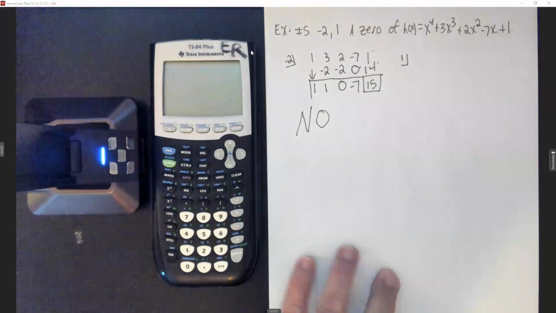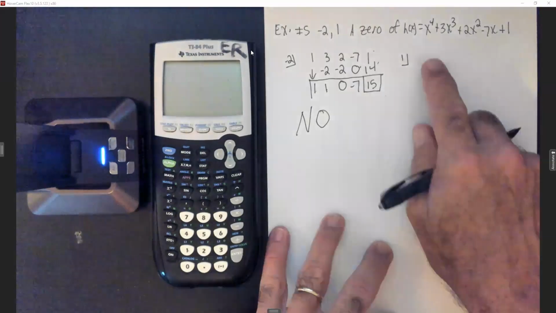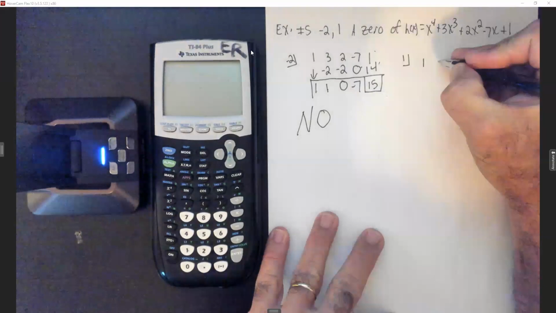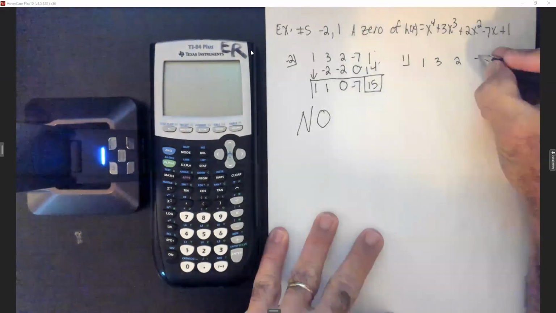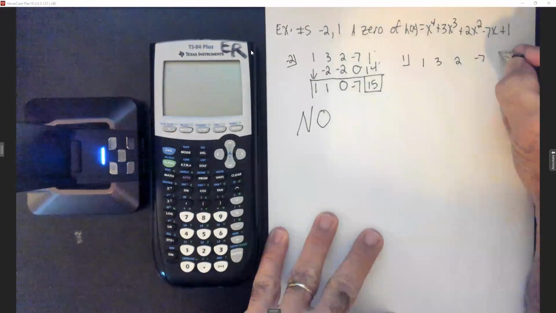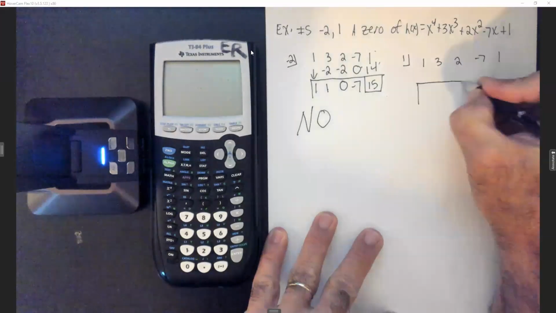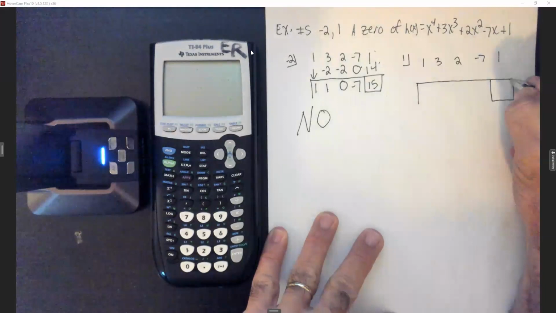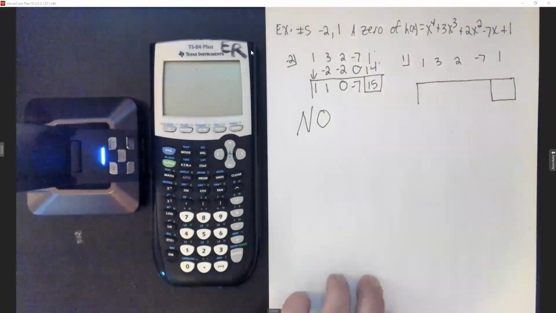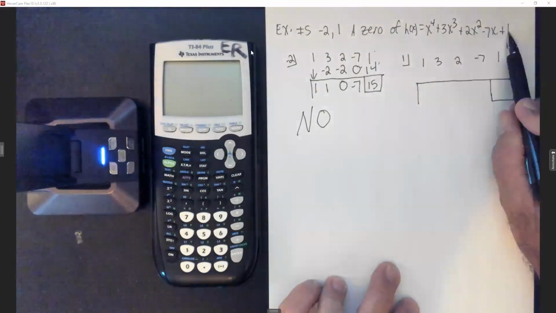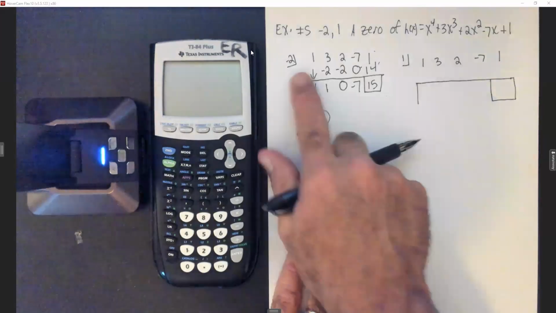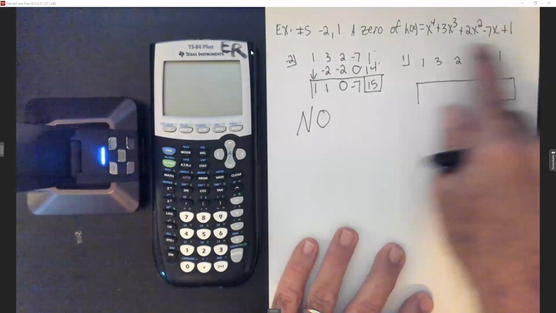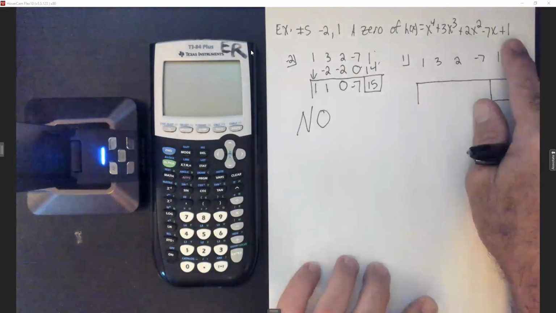All right, so let me write my coefficients. 1, 3, 2, -7, and a 1. All right, so this time I'm taking a positive 1, which is a factor of 1, so it's more possible for this one to be a 0 than it was for the -2, because -2 is not a factor of 1, okay?